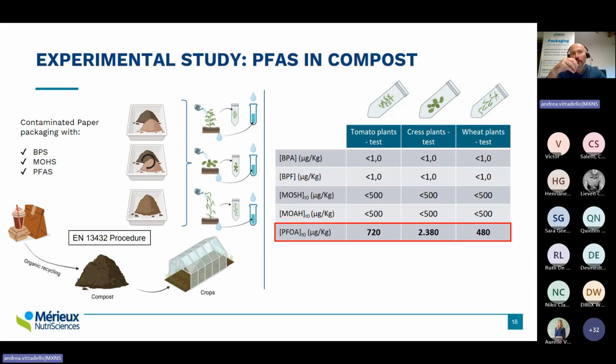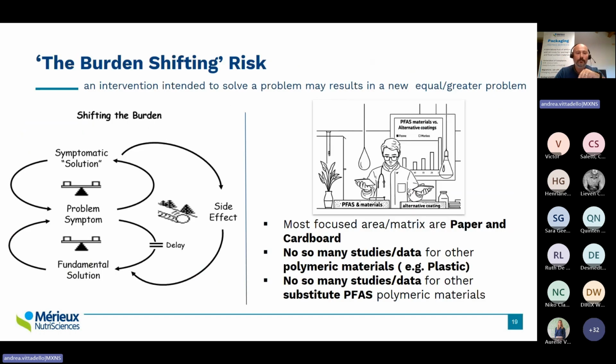Therefore, we prove that the ban on PPWR, or the general ban on total fluorine, target fluorine, and precursor fluorine, to have a sort of PFAS-free packaging, it's a win-win situation, a win for the environment, and a win also for human health.